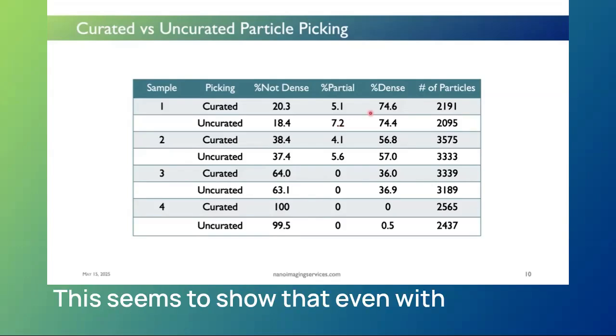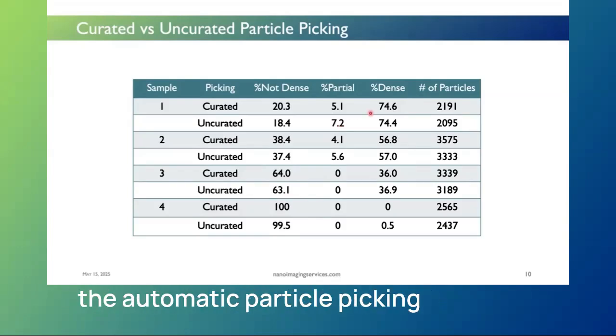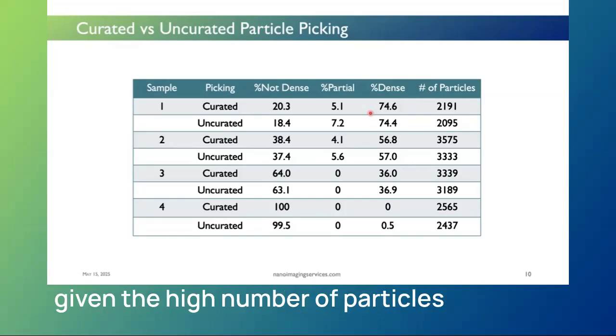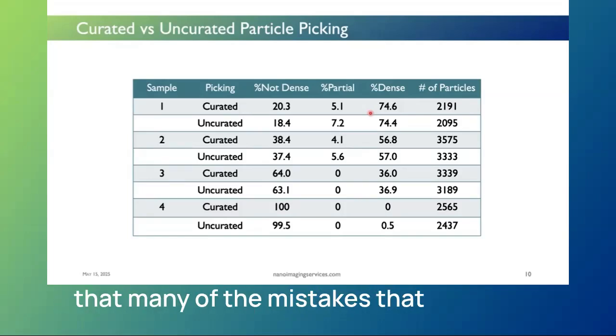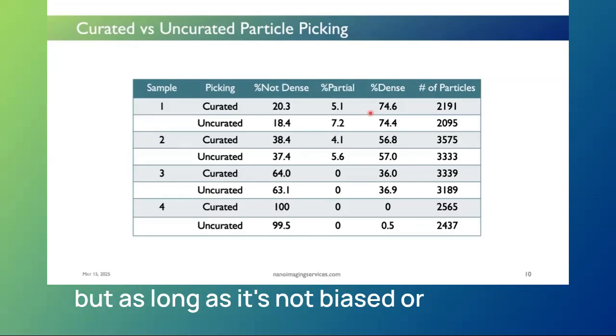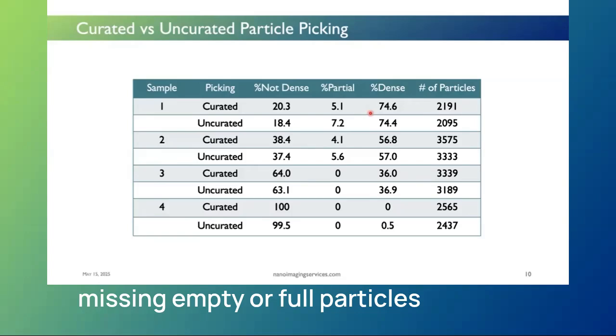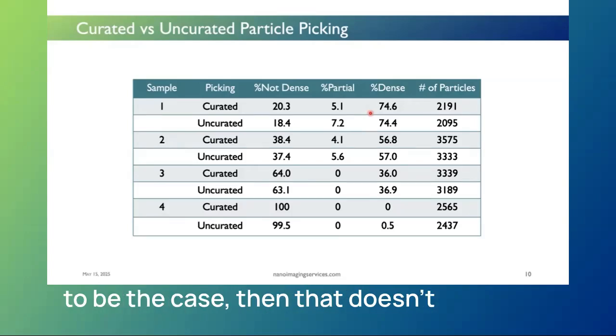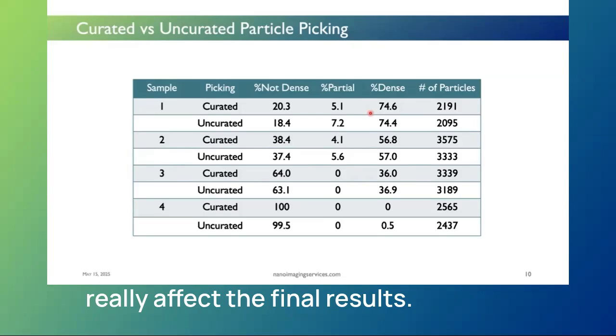This seems to show that even with the few errors that are made with the automatic particle picking, given the high number of particles that we look at and the fact that many of the mistakes made by the particle picking are false negatives, as long as it's not biased or missing empty or full particles selectively, which doesn't seem to be the case, then that doesn't really affect the final results.